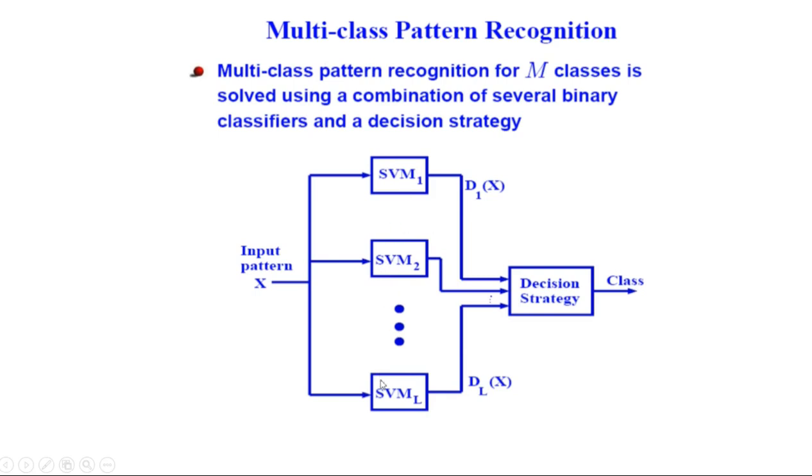You can combine multiple SVMs, and given a pattern, each SVM is capable of performing binary classification. You combine the outputs and take a decision strategy like a majority voting scheme, and you can find the class. This is one technique for performing multi-class recognition using SVM. You can also follow different types of architecture, but we are discussing one type.